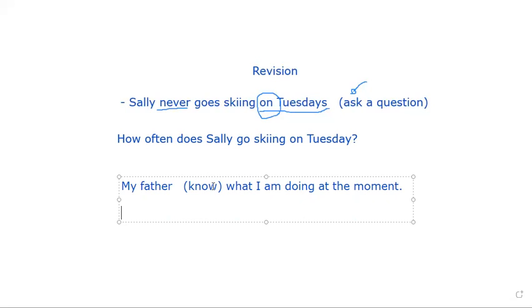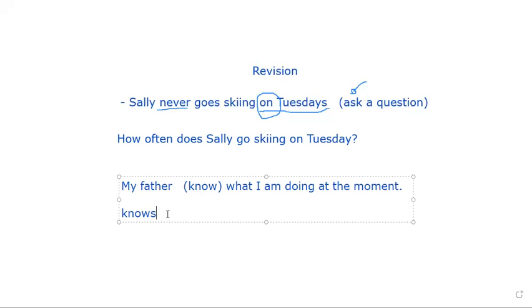Here, no. Do you need any action to know? No, you don't. So, my father knows. So, I put it in the present simple tense. And here, my father is he, so it adds S to the main verb. So, it's going to be my father knows what I am doing at the moment.